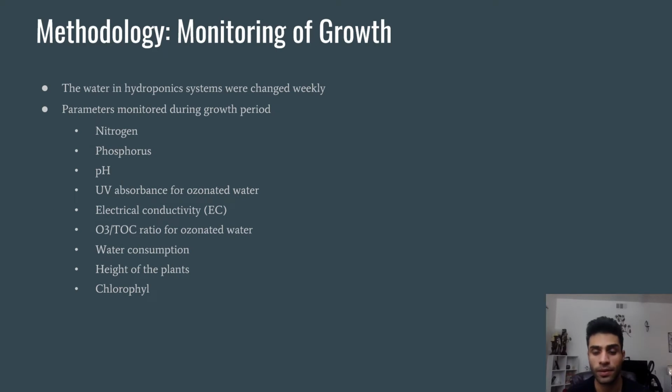So once the plants were transferred to the hydroponic system, the nitrogen, phosphorus, pH, UV absorbance, electrical conductivity, ozone to TOC ratio, water consumption, height of the plants, and chlorophyll, all these factors were monitored throughout the growth period.